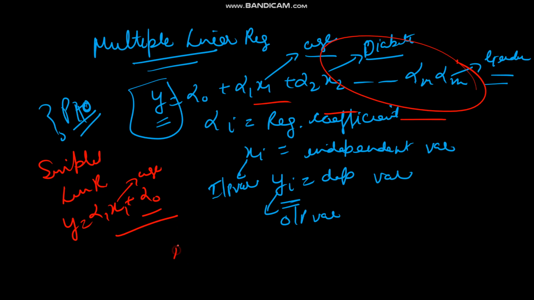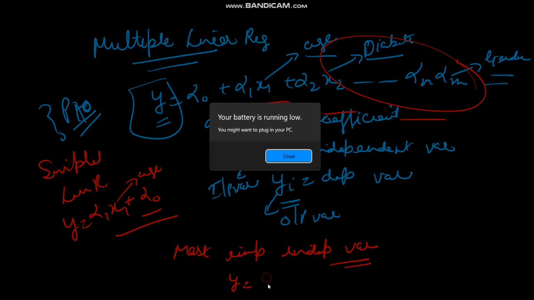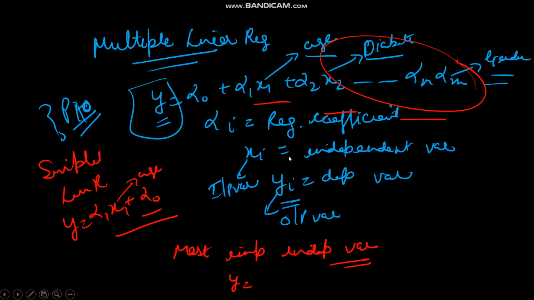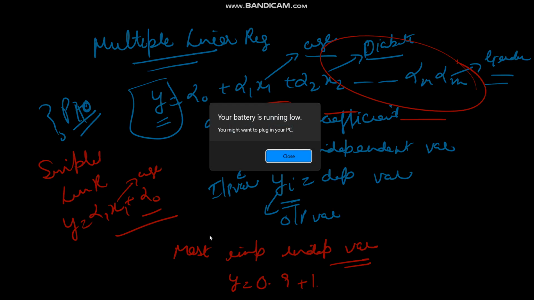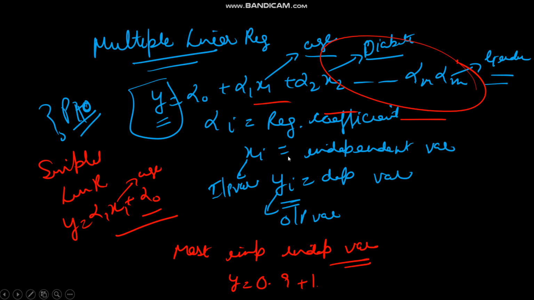Suppose we have values like 0.9, 1.2, 2 and 4.